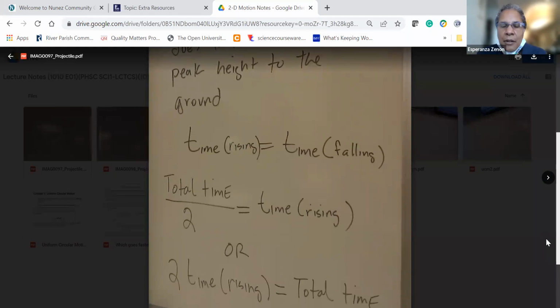Okay. Now, I don't expect you to solve any problems related to that. That's a concept thing. Even though I wrote it out here in a formula, you can really think about it this way. If it's symmetric, the time to rise equals the time to fall, or if you know the total time, you just cut it in half and you'll know either the time to rise or the time to fall, right? Because it's even on both sides, okay?